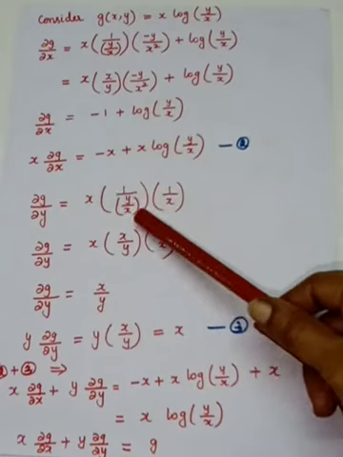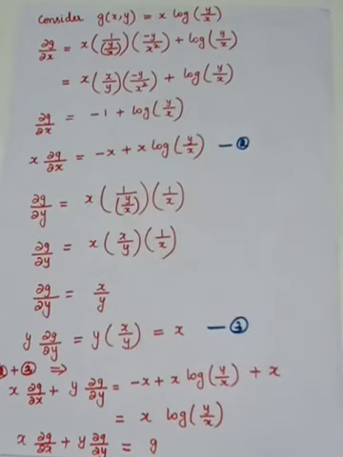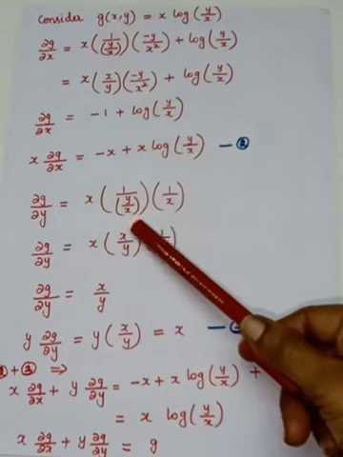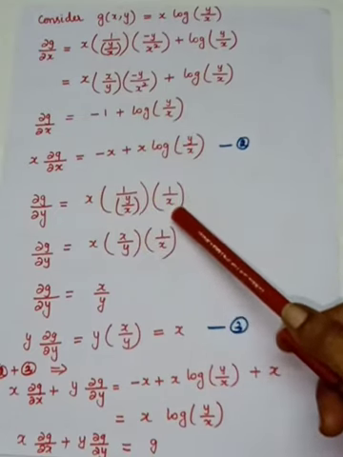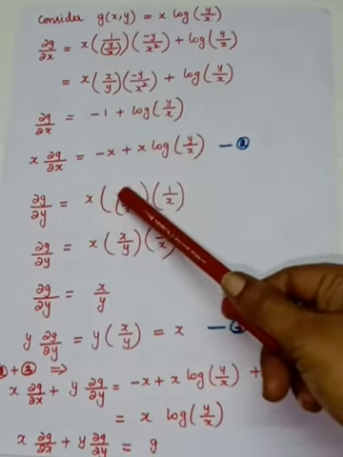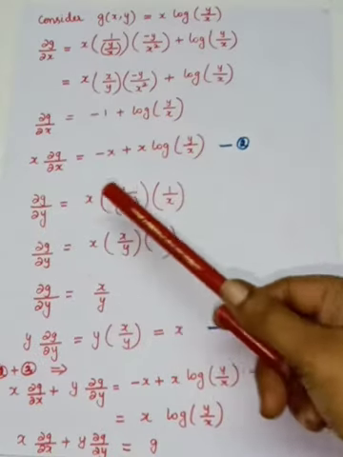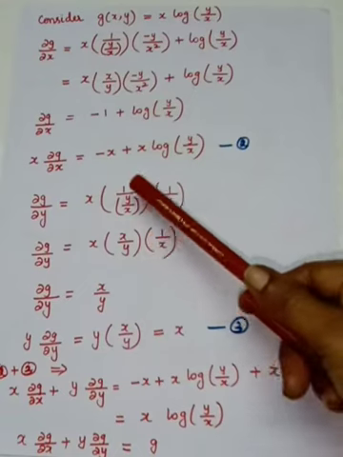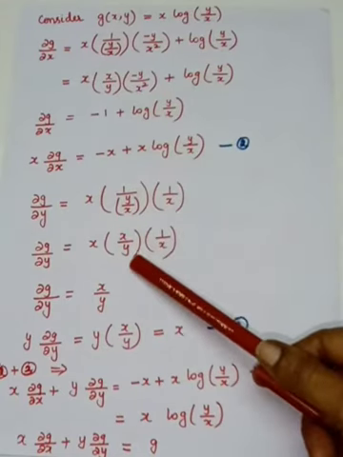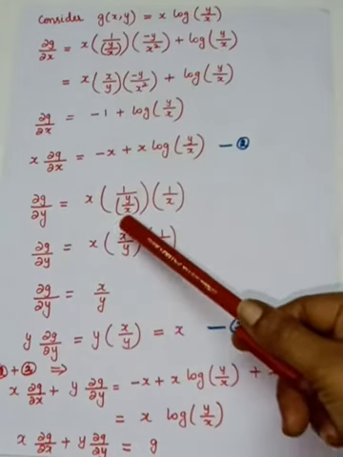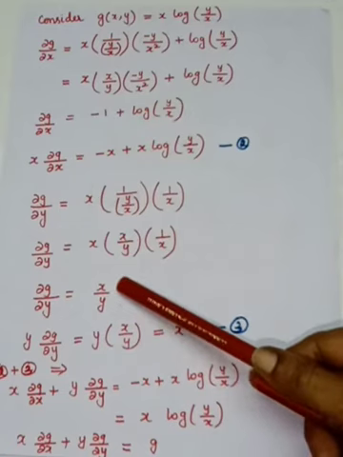Now y by x has to be differentiated partially with respect to y. But in y by x, what is the constant? 1 by x, so it is written out. But here what you are having? Y. So y, when you differentiate with respect to y, is 1. So 1 by y by x can be written as x by y. So the x gets cancelled, remaining as x by y.